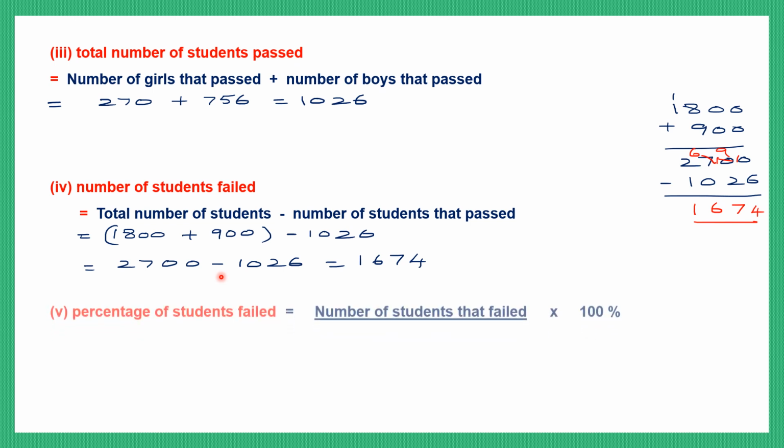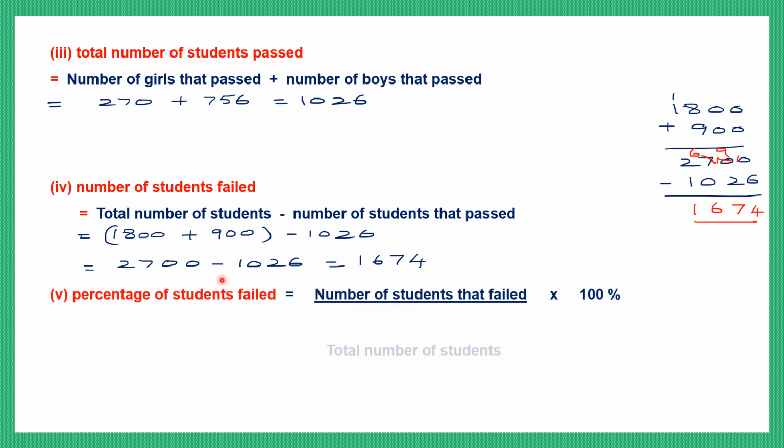Now we go on to the next one. Percentage of students that failed. To find the percentage, now this many students have failed. To find the percentage of that number, we write percentage of students, the number of students that failed, divided by the total number of students into 100%. So the number of students that failed is 1,674 and the total number of students we found here to be 2,700.